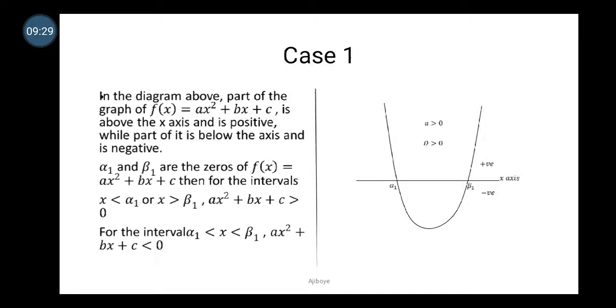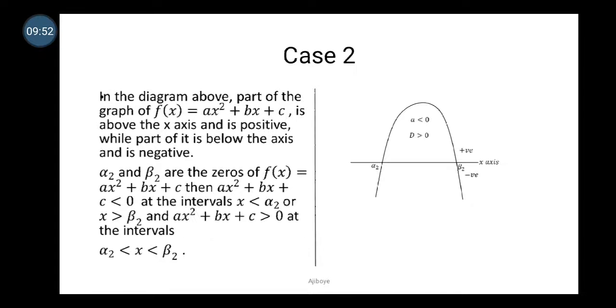So for the interval alpha 1 less than x less than beta 1, we have ax squared plus bx plus c less than 0.